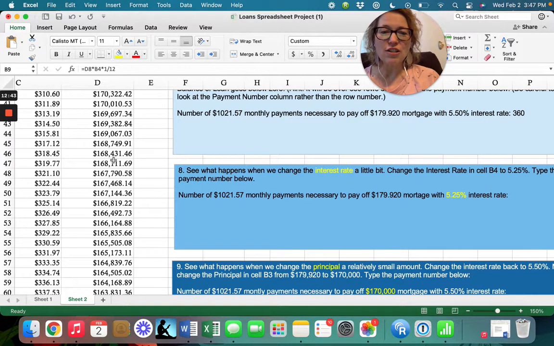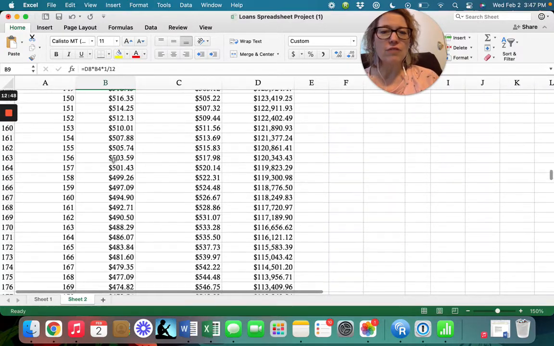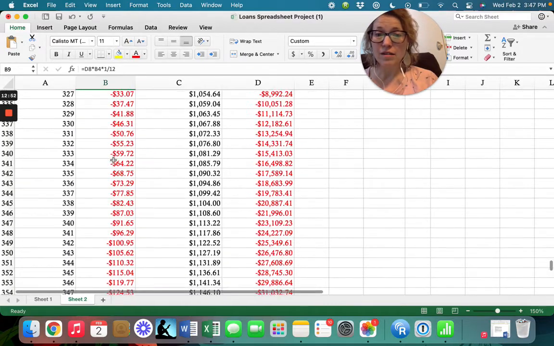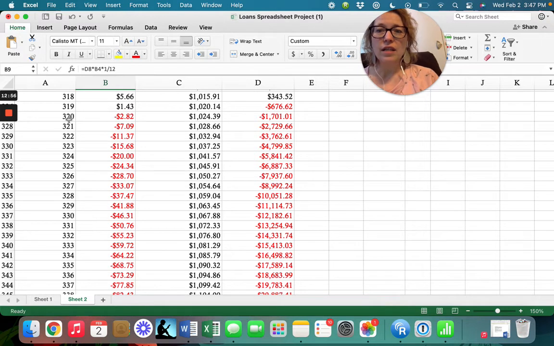But you're going to change things and then go down and see, okay, if the interest rate is a little bit smaller, it gets paid off in the 319th payment, which makes sense. That would be less because they're charging you less interest. So each payment, less of it is going towards interest and more is going toward paying down the principal.